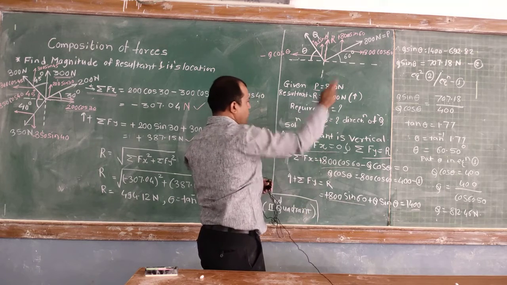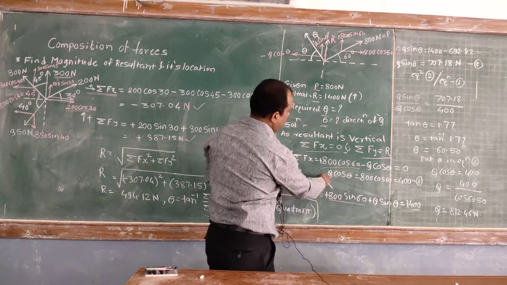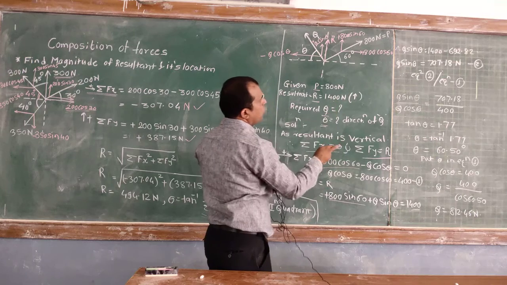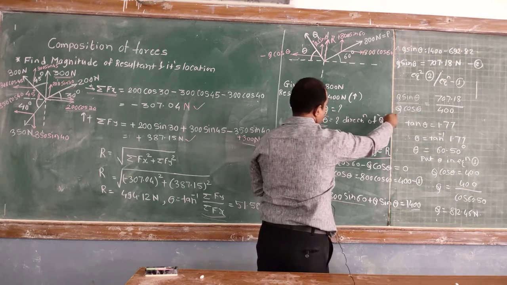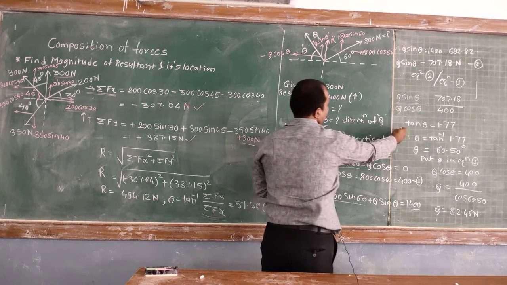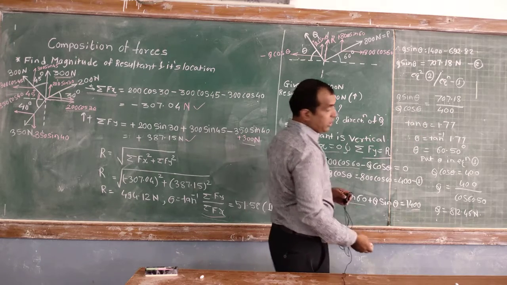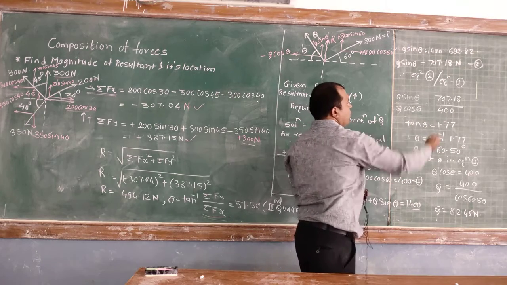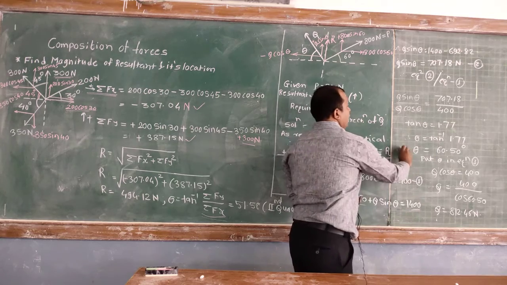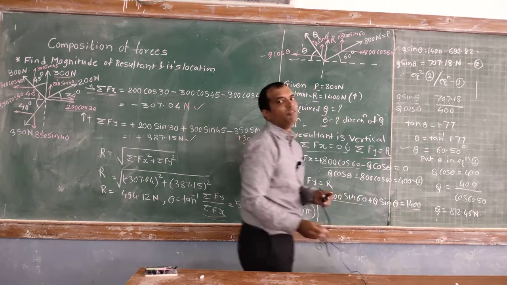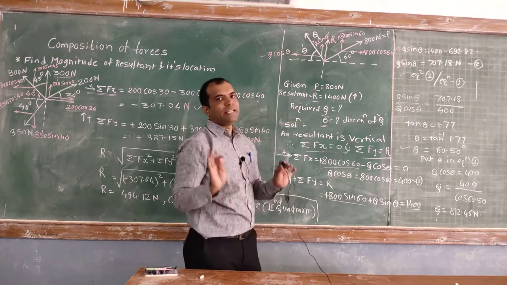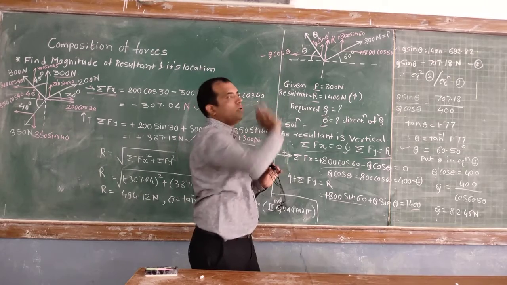Now divide equation 2 by equation 1. Q gets cancelled, so tan theta is equal to 1.77. To find theta, take tan inverse of this, and you will get the value of theta as 60.50 degrees. So we get the direction theta of force Q.